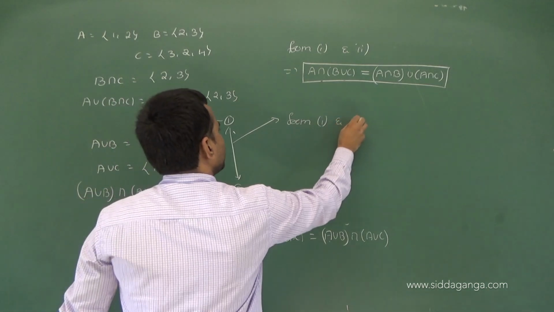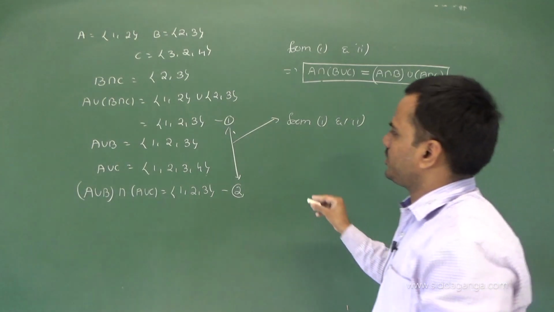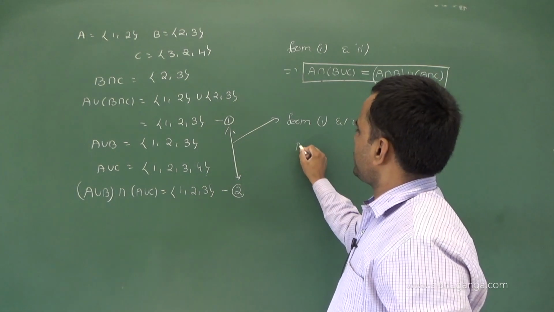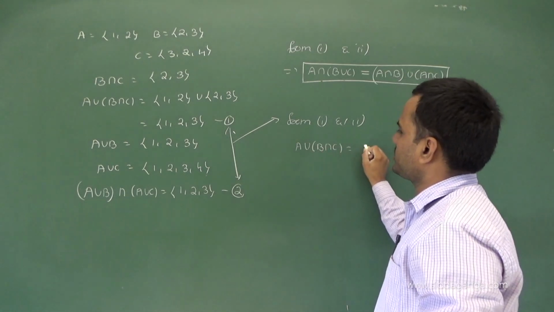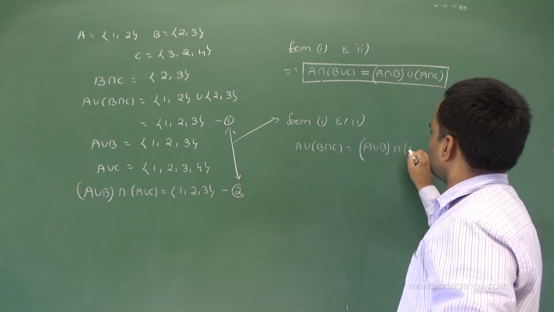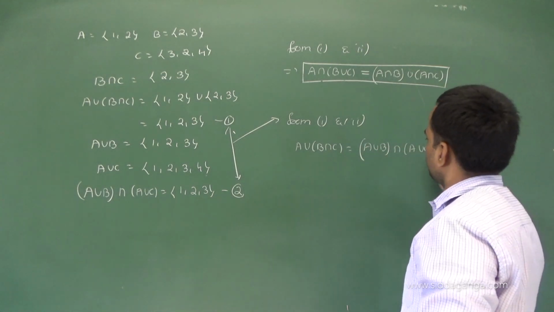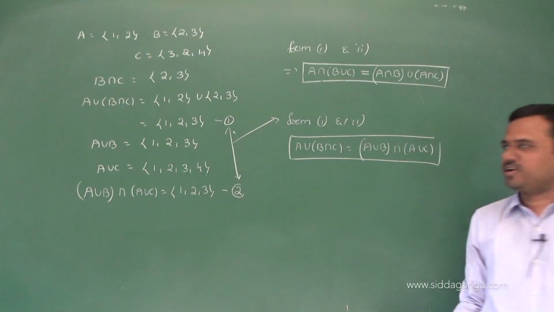See, observe here, from 1 and 2, observe carefully, A union of B intersection C is equal to A union B intersection A union C. So these two are very, very important properties.